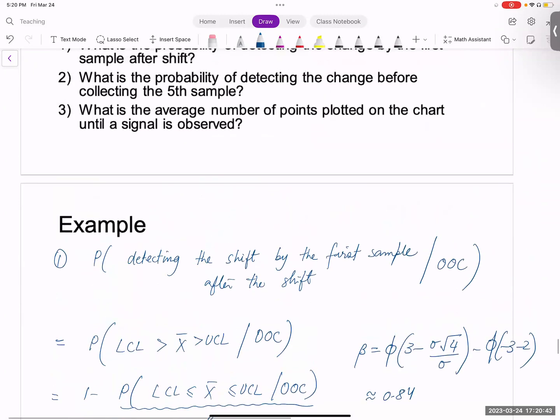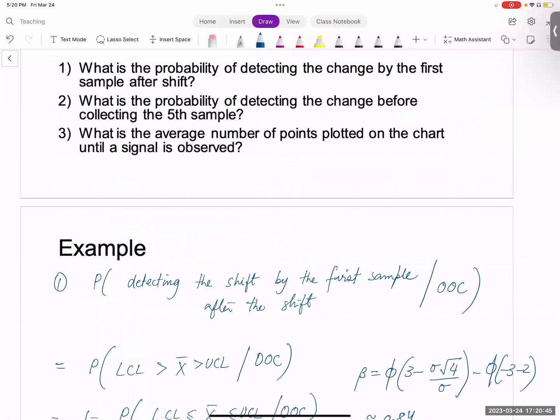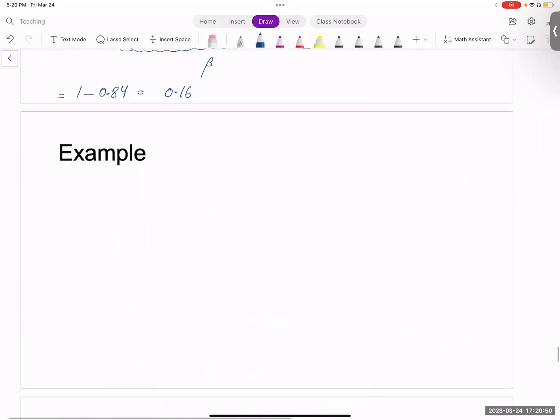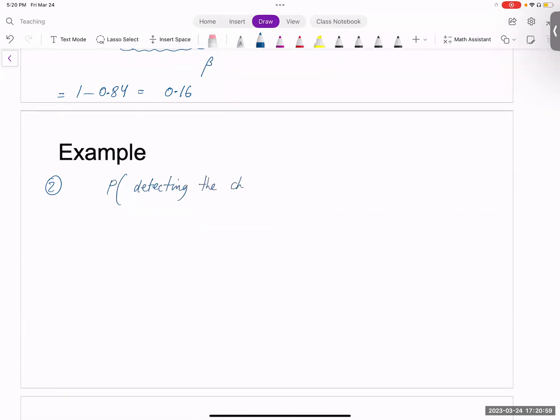Right? And then the next question is, what is the probability of detecting the change before collecting the 5th sample? So in this case, it is asking me for the probability of detecting the shift or the change before collecting the 5th sample, given the process is out of control, right?